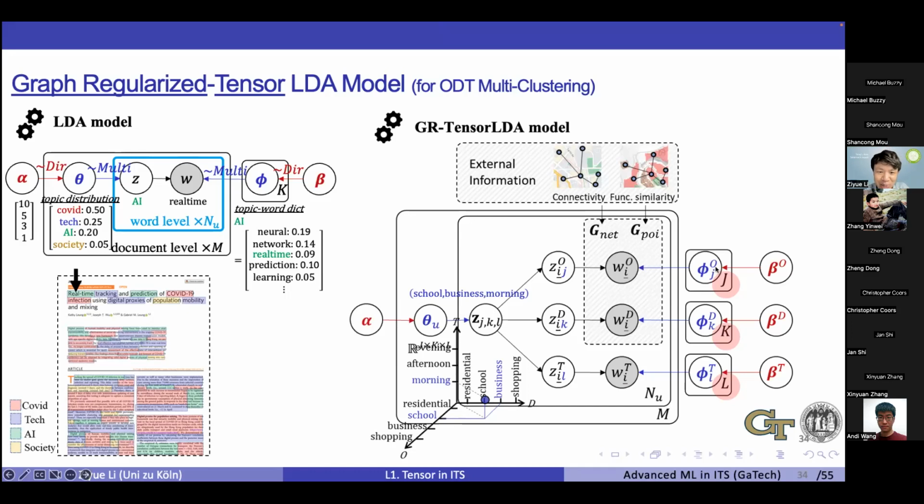Then we get the school topic for O, refer to the school topic, do another multinomial random draw, and get the word, for example, this passenger travels from HKU, and similarly for D, travels to Central. For the time topic, we draw from the morning topic and get 9 a.m. So you can see it works this way.